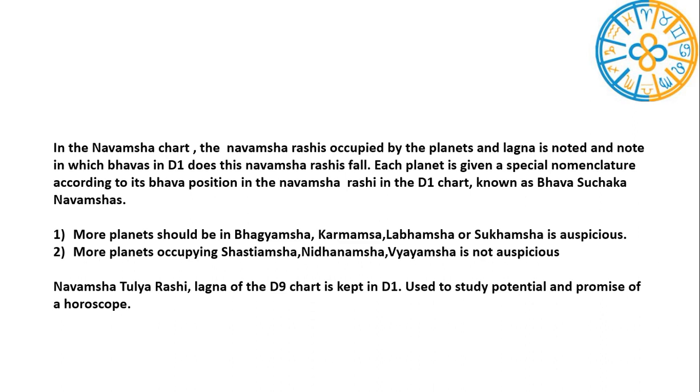If benefic planets of D1 have gone generally into Bhagyamsha, Karmamsha, Labhamsha or Sukhamsha, it's considered auspicious. It's all good. But if they go into Trik Bhavas like Shashtyamsha, Nidhanamsha, Vyamsha, it is not considered to be very good, not auspicious.